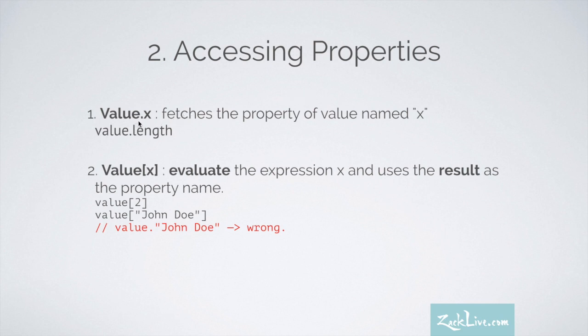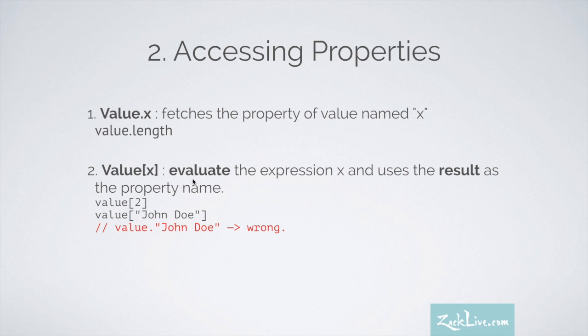The first one is with the dot operator. You can fetch the property of the value by using the dot operator, like value.length to get the length of the value. Or you can use the square brackets like in an array.